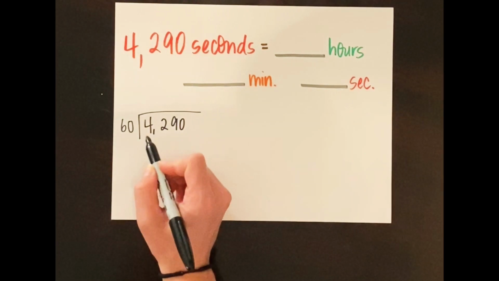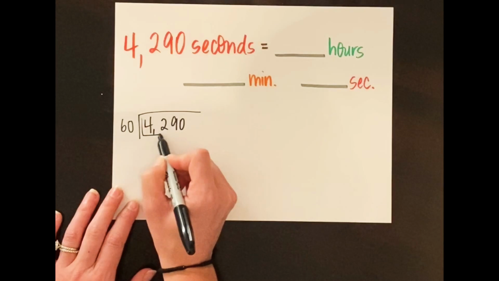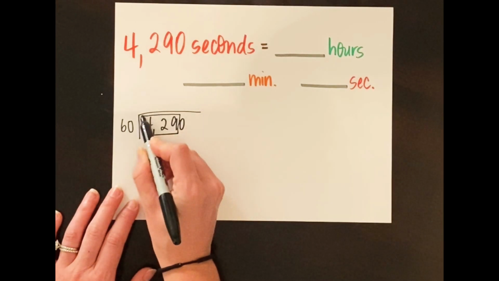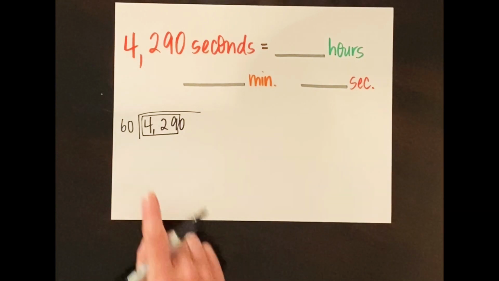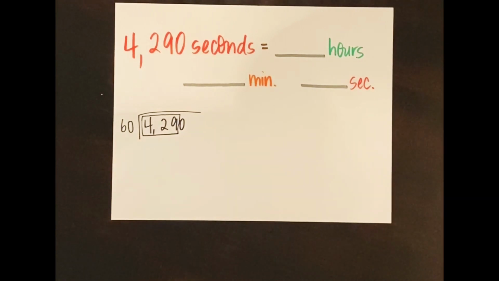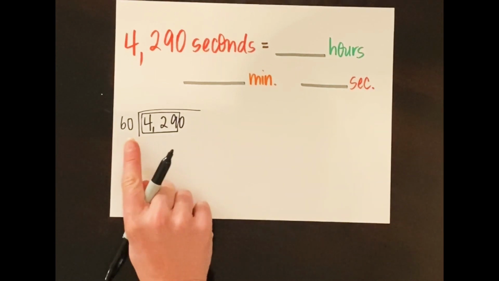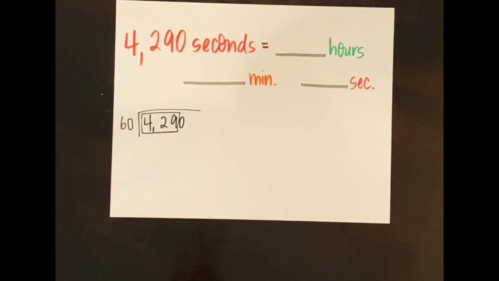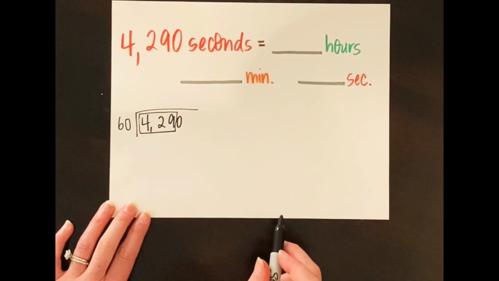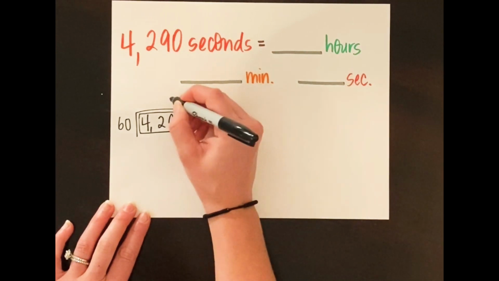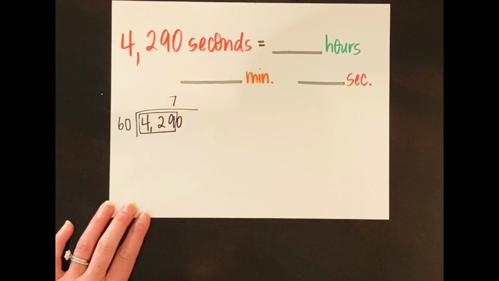So I'm going to now look at 429 groups of 10 and think of that as how many times would 60 go into that? Well, I know 42 divided by 6 is 7, so I can kind of use some estimation to figure out where I'm going. So 429 divided by 60 is going to be 70.